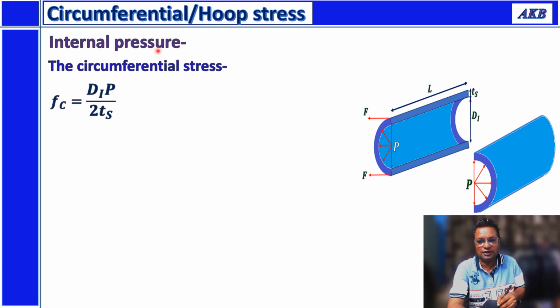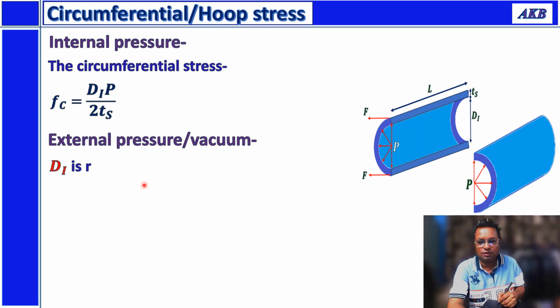For internal pressure the stress will be Di into P upon 2 into Ts, whereas for external pressure or vacuum, to get the circumferential stress, you need to replace Di in this equation with Do, the outer diameter of the shell.